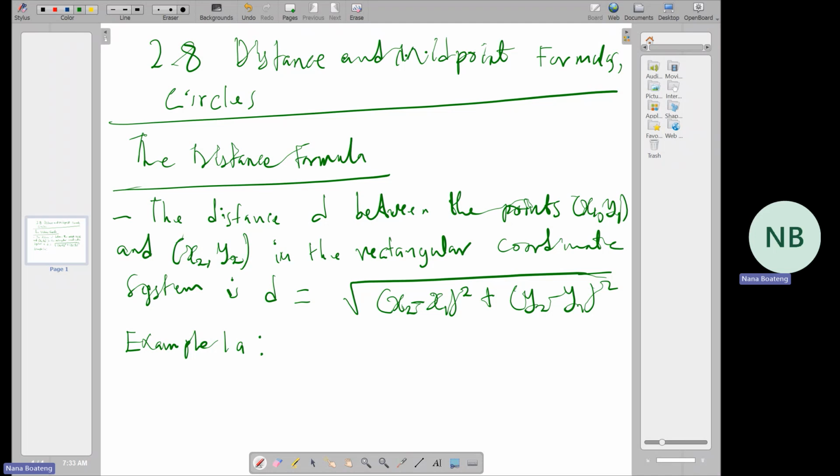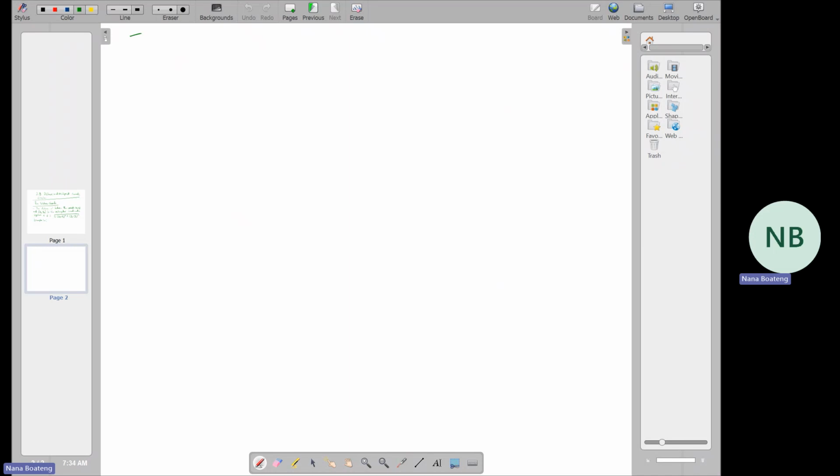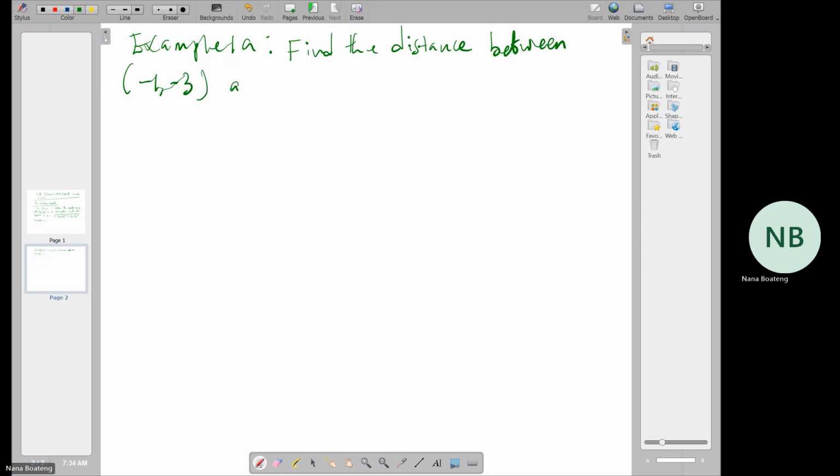It says find the distance between (-1, -3) and (3, 3).